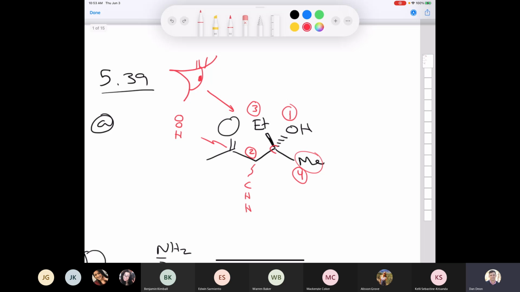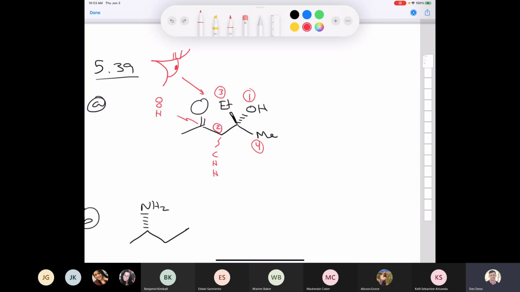That's one way you could do it. Another way that you could do it would be to swap two of the atoms. You could swap two, and then you'd have to reverse the stereochemical configuration. That would work, okay? So we could do either way.